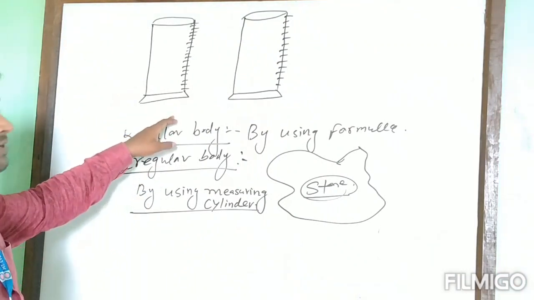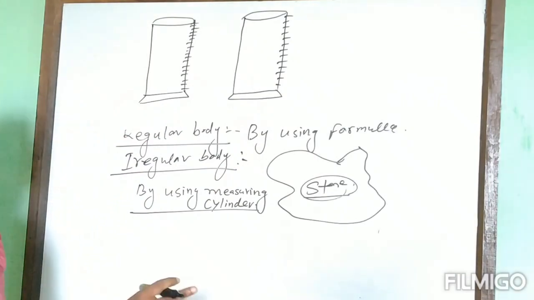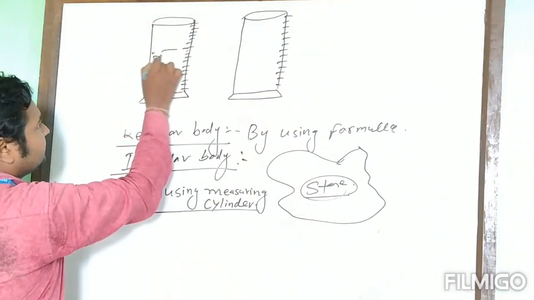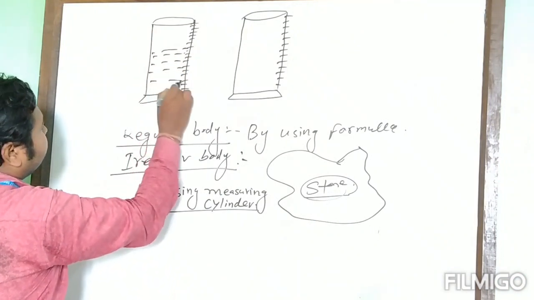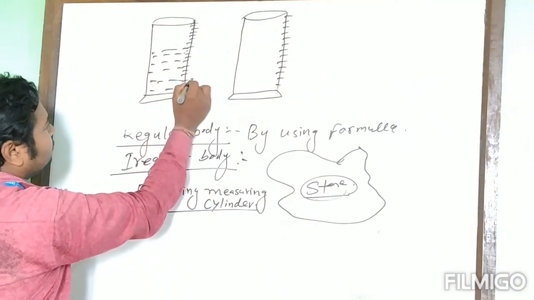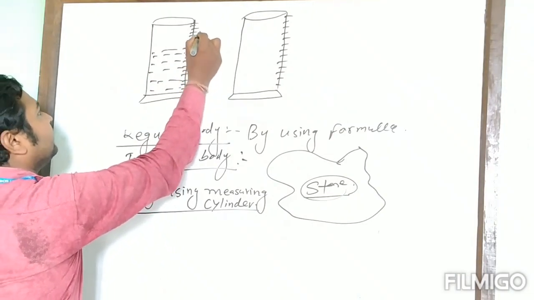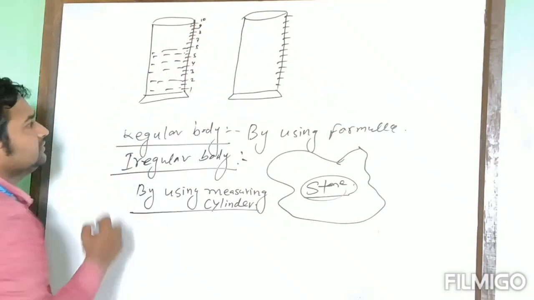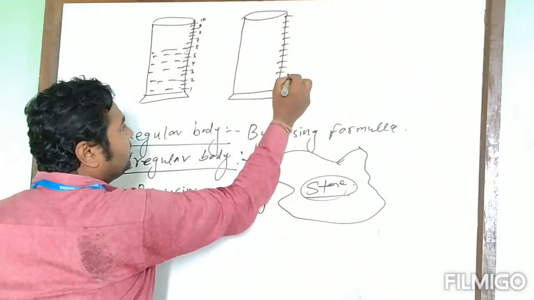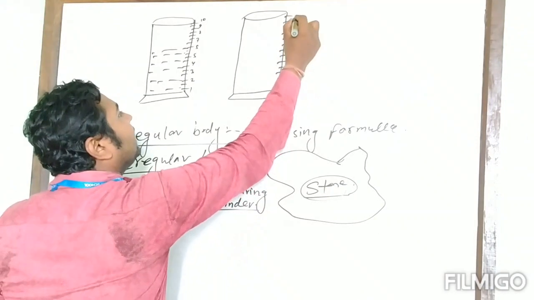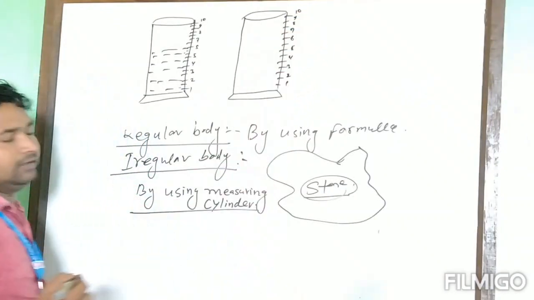At first we have to keep some amount of water in the measuring cylinder. The levels are 1, 2, 3, 4, 5, 6, 7, 8, 9, and 10. Similarly, 1 to 10 on the other.